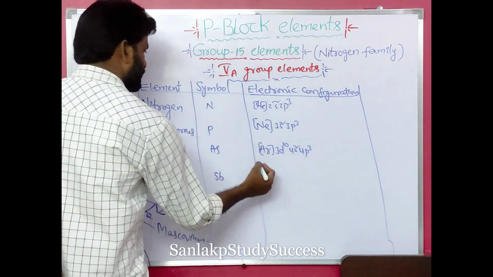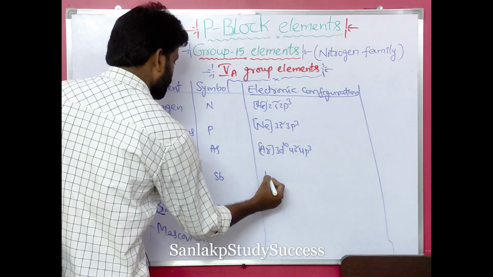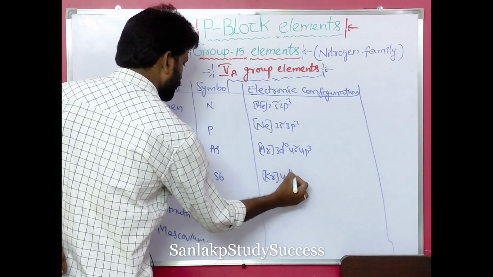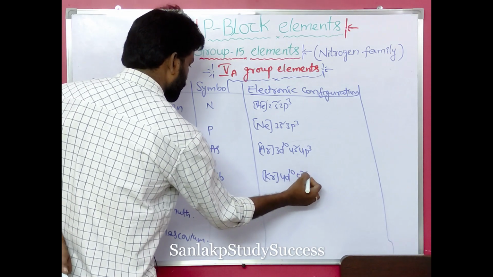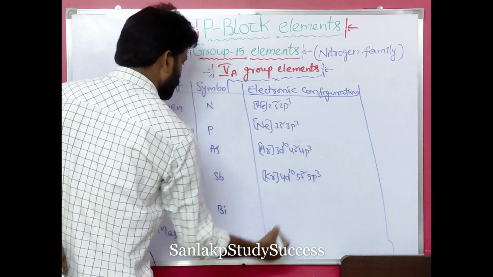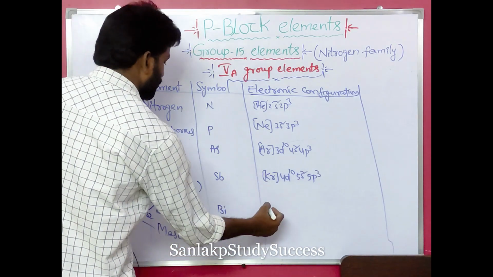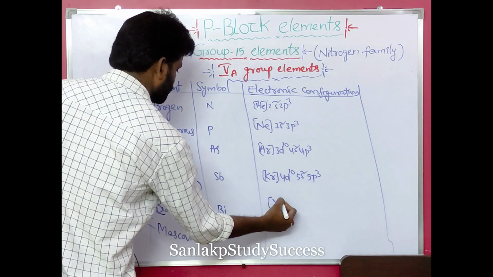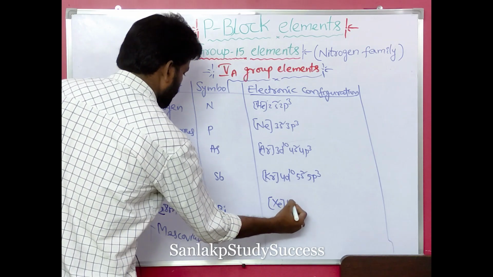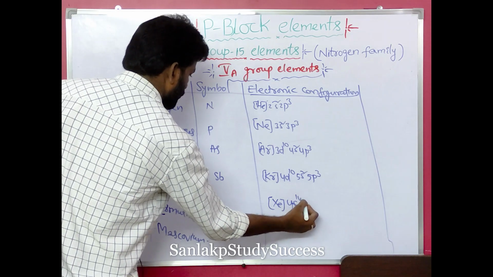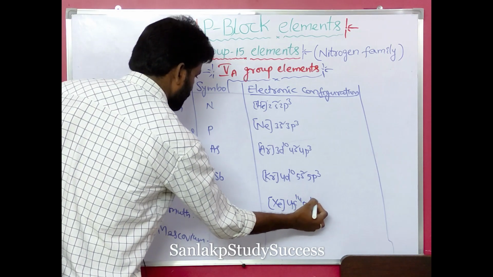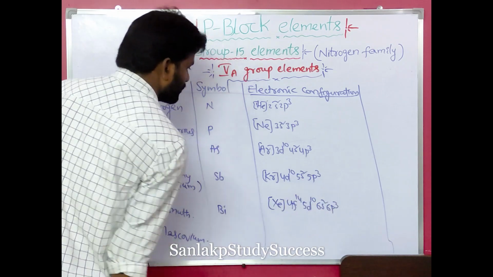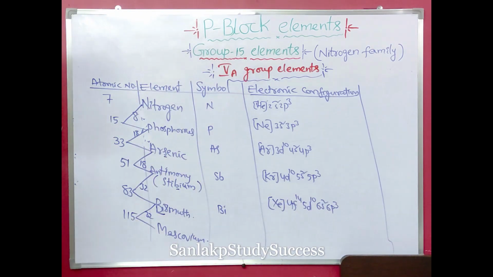And next one, krypton 4d10 5s2 5p3. Later this is xenon, here 4f14 5d10 6s2 6p3. So these are the electronic configurations.